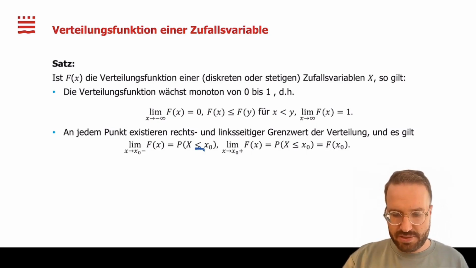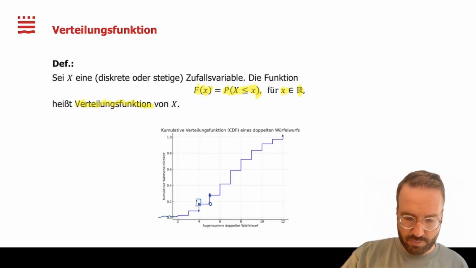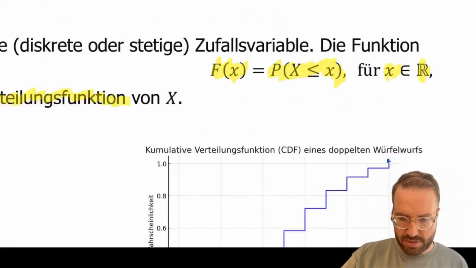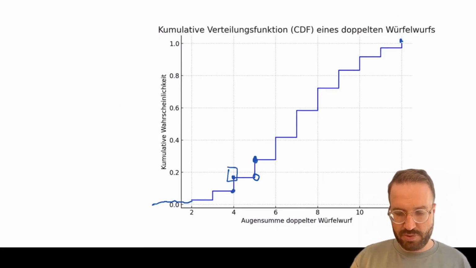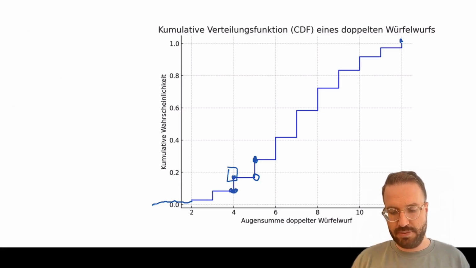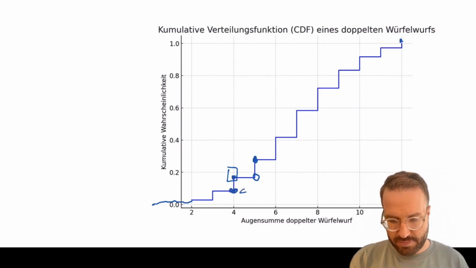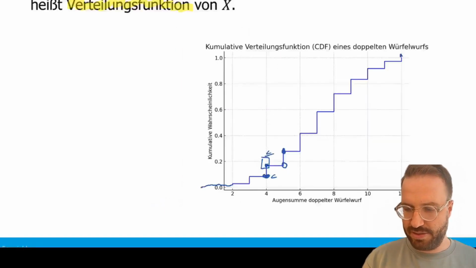So we can also take another look here. When we come from the left, the value is the lower one, and when we come from the right side, the value here is the upper one. And this value here would therefore be smaller, and that would be less than or equal to at this point.